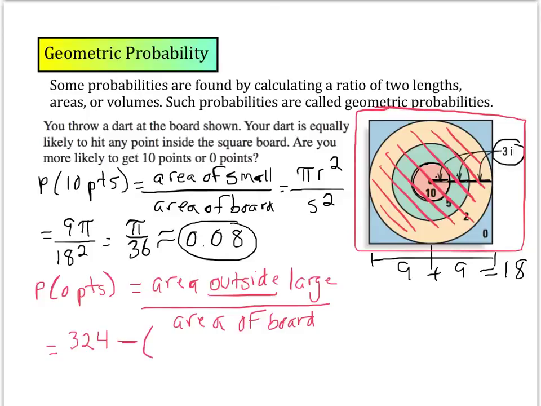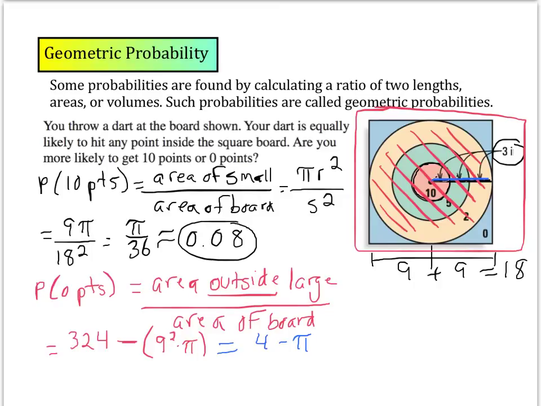We know the area of that circle has to be 9 squared times pi. The reason I know it's 9 is because this is 3, this is 6, and that's 9. So this is just the numerator. So when we do the numerator out, we're going to end up with this 4 minus pi.